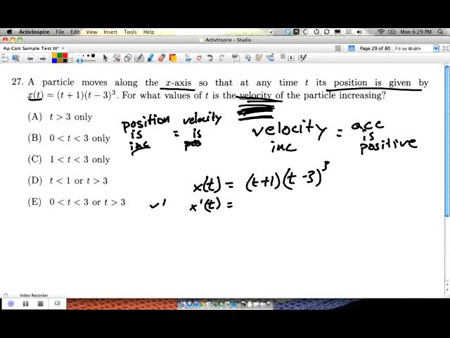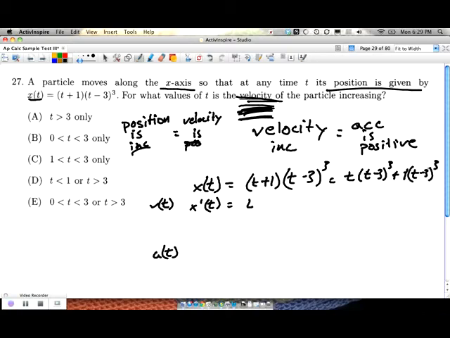And then we eventually need to get down to acceleration. Well, x prime of t, I could split it up into 2 terms. This is going to be t times t minus 3 cubed plus 1 times t minus 3 cubed.